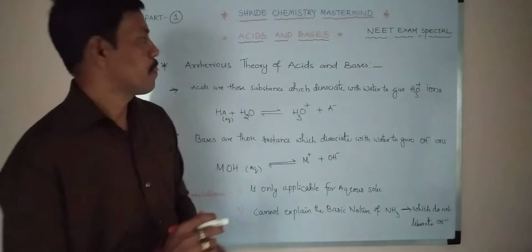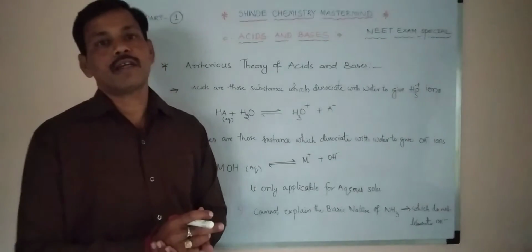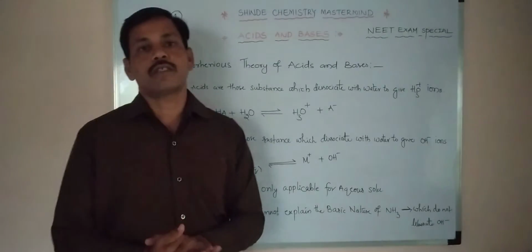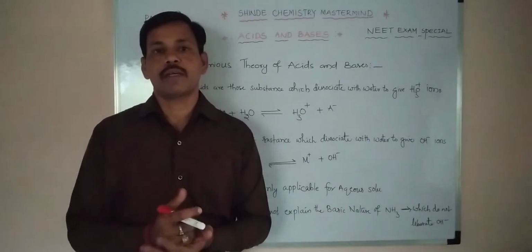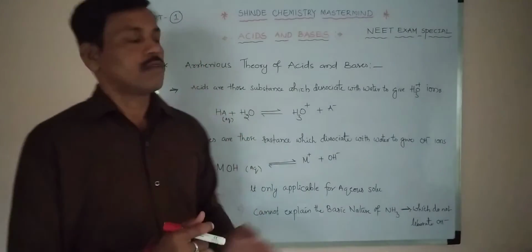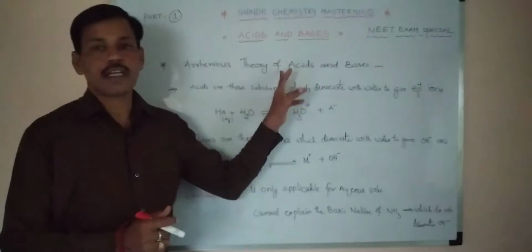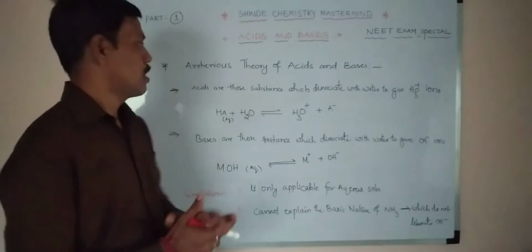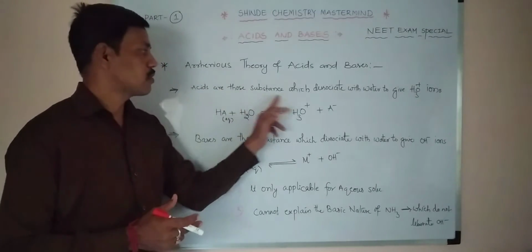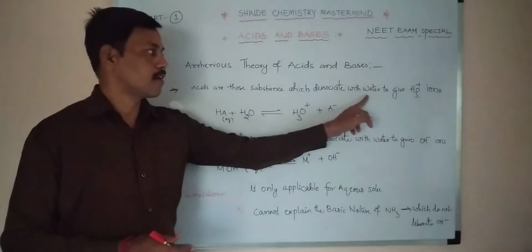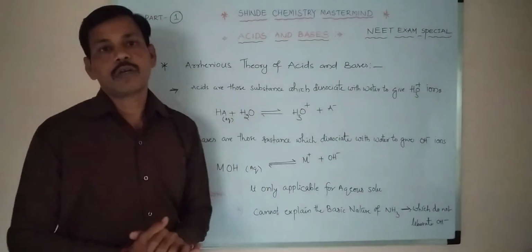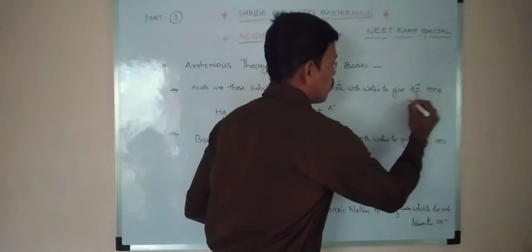In previous sessions we have discussed acids and bases videos. Now the Arrhenius theory explains that acids are those substances which dissociate in water to give hydronium ion. The H3O plus ion is called the hydronium ion.